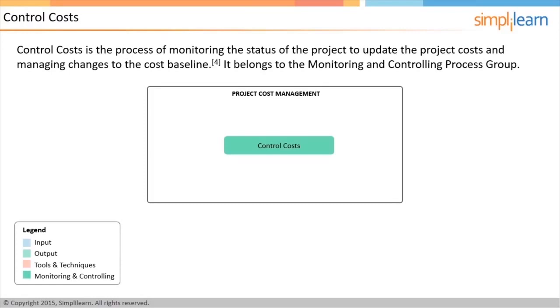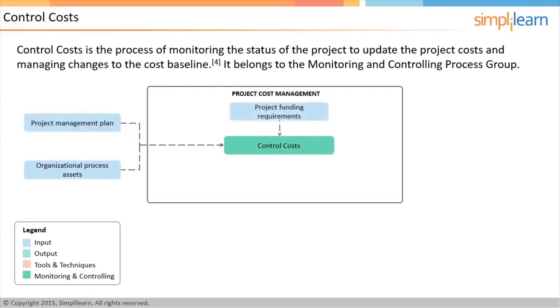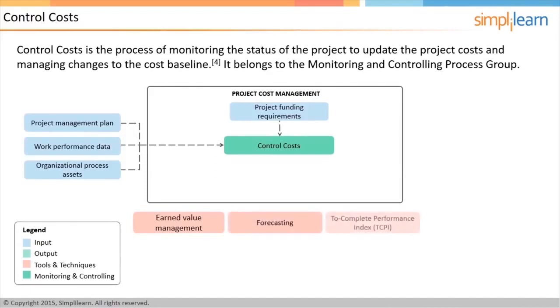The inputs to the process are project management plan, organizational process assets, project funding requirements, and work performance data. Work performance data contains the information about the project progress. The important tools and techniques used in controlling costs are Earned Value Management, Forecasting, and To Complete Performance Index.